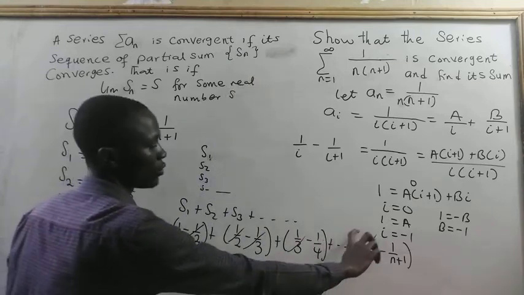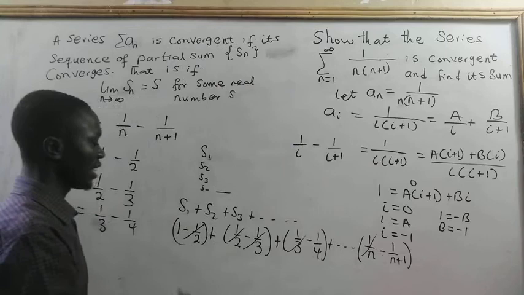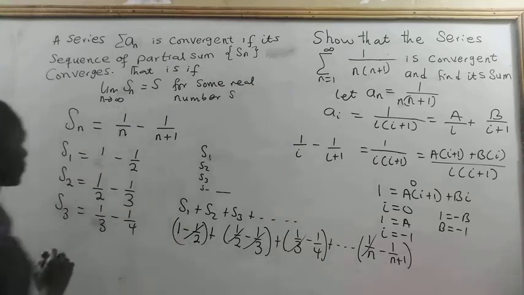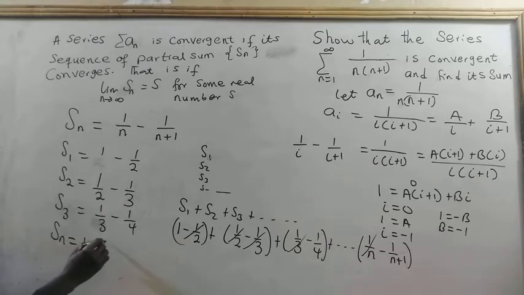And you'll be left with Sn equal to 1 minus 1 on n plus 1. Very, very simple as that. So this is our Sn.